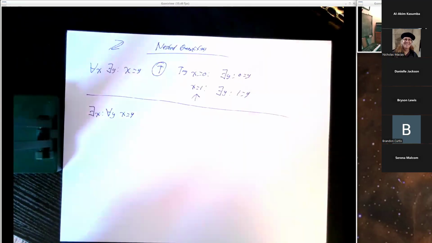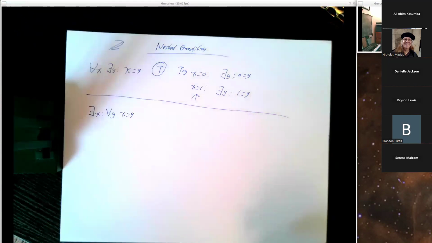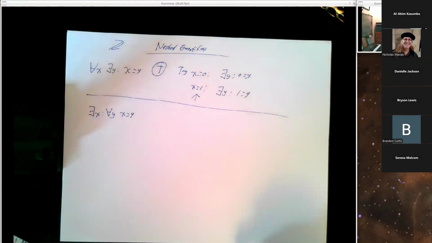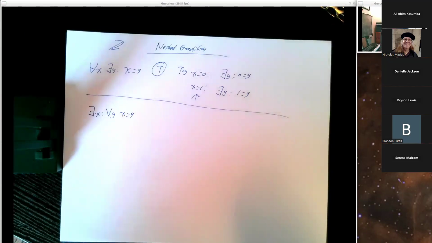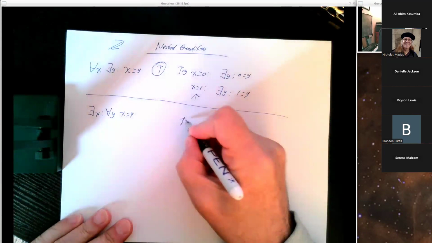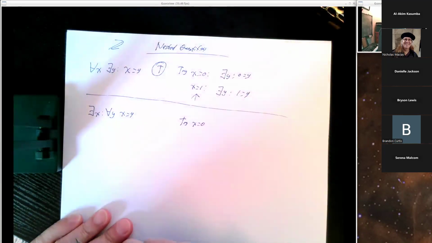All right, what about there exists an x such that for all y, x is equal to y? So here again, we can try some cases. Suppose I try x equal to 0.